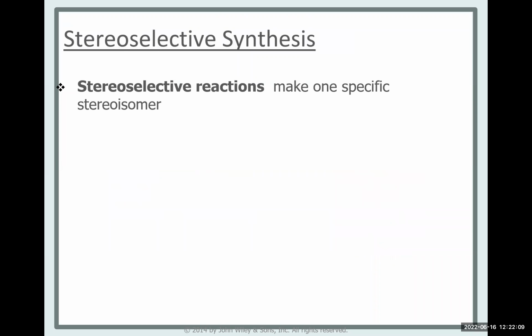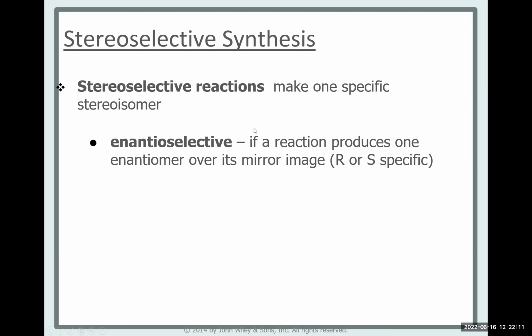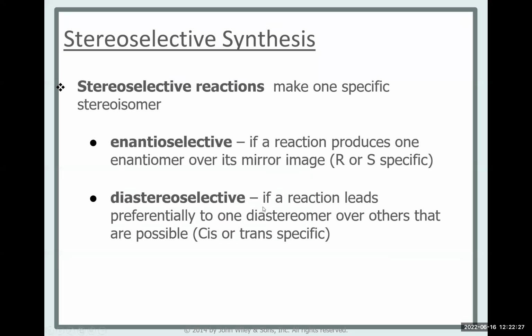If it can make one or the other stereoisomer, it's called stereoselective. If it only makes cis or only makes trans, that's stereoselective. And if it only makes one of R or S, that's called enantioselective. Diastereoselective, obviously, is the same thing, but more broad.